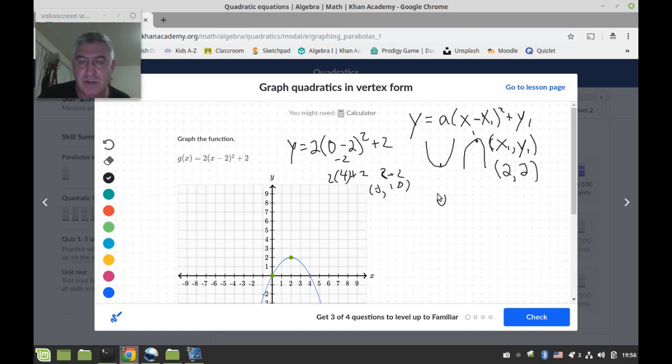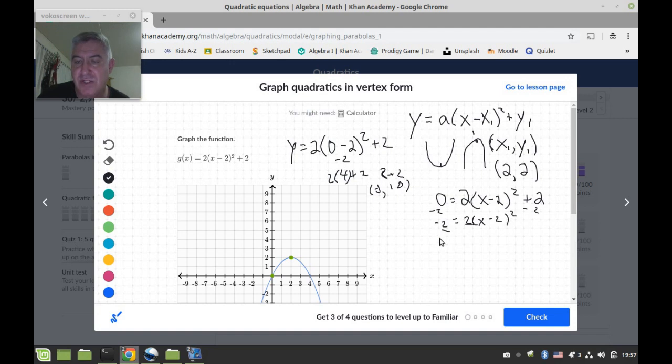So I'm going to set 0 equal to 2 times x minus 2 squared plus 2. I'm going to subtract 2 from both sides, and I'm going to get negative 2 is equal to 2 times x minus 2 squared.